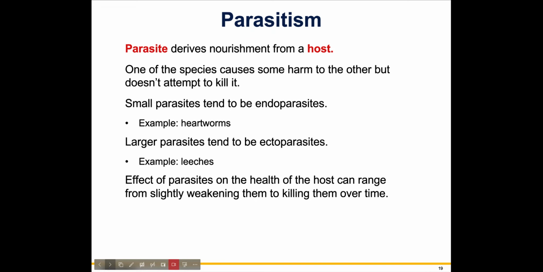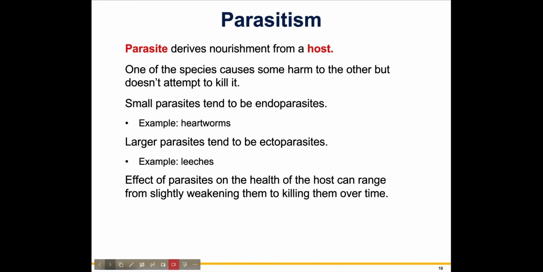What we see for parasitism is a parasite gets nutrients from the host. A parasite doesn't want to kill the host outright, but it does get its nutrition from it, so it is harming that host. A lot of small parasites tend to be endoparasites or live inside.